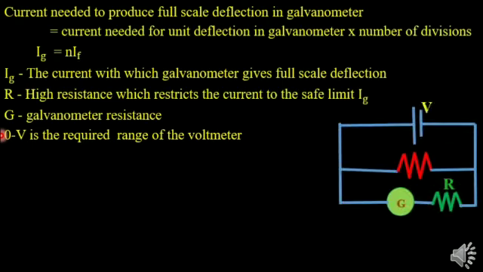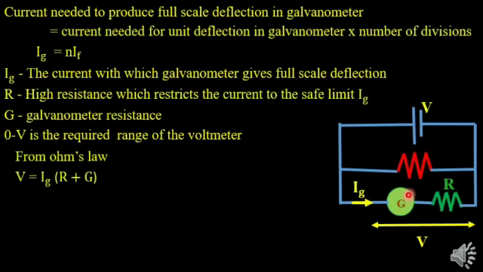Since the galvanometer resistance combination is connected parallel with the cell, the voltage drop across the galvanometer resistance combination is V. According to Ohm's law, voltage equals current into resistance.